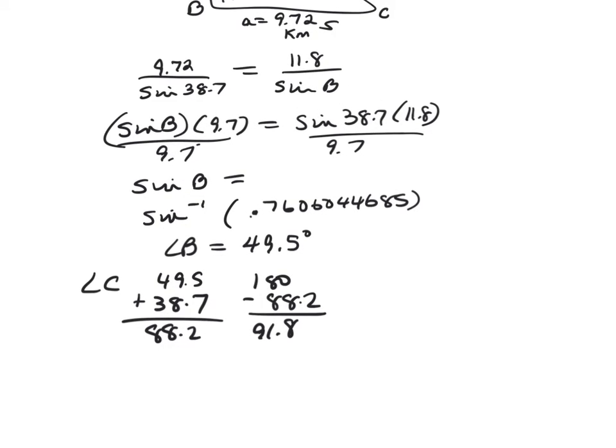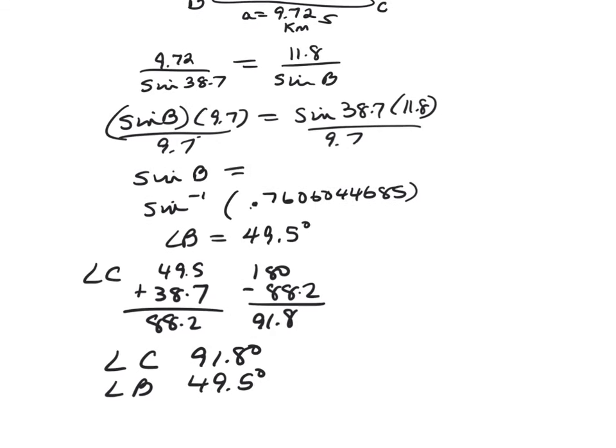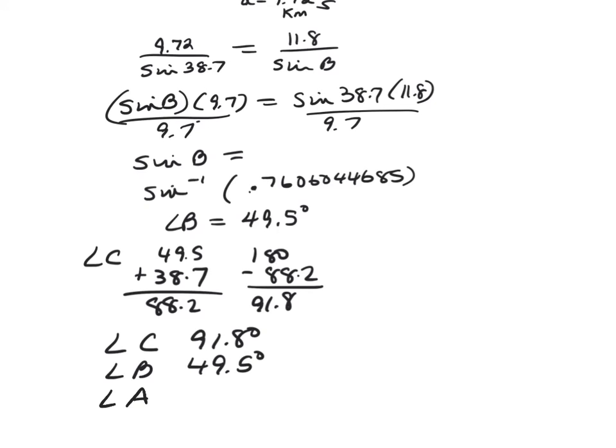So angle C is going to be 91.8 degrees. Angle B was 49.5. Angle A was given to me, and that was 38.6 repeating. So I think I used 39.7, 38.7.